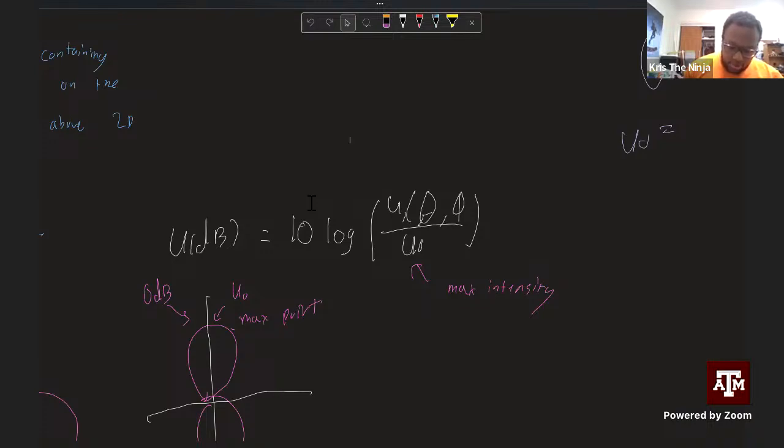We'd have 150 watts per steradian. So to find the U in dB, you would do 10 log of 25 over 150. And that gives you minus 7.7 dB.